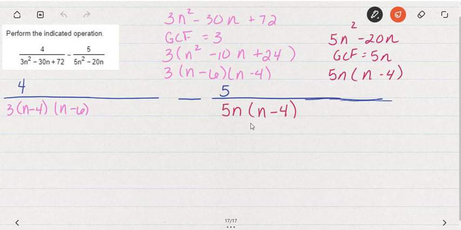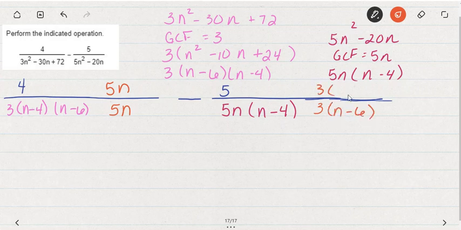As you compare the two denominators, if we wanted them to be identical, to be common, then you see that this one needs a 5n, the first one needs a 5n, and we already have the n minus 4. Now this first fraction has everything in its denominator that the second one had. The second one is going to need a 3 and an n minus 6.